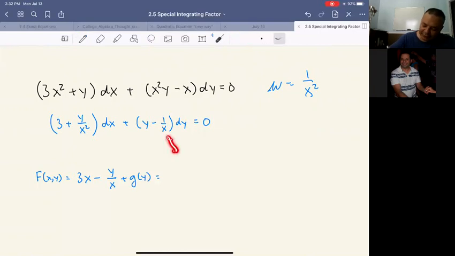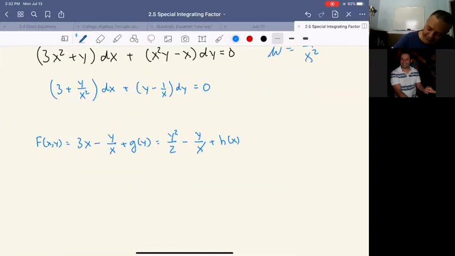This one, we're going to integrate with respect to y. So that has to be y squared over 2 minus, notice this term is going to be y over x, which matches that term, plus some function of x.